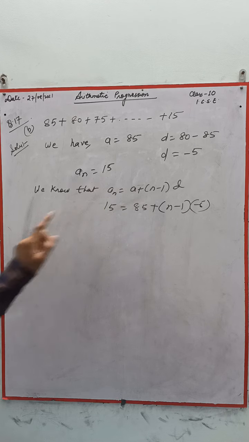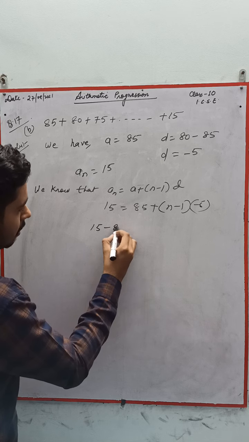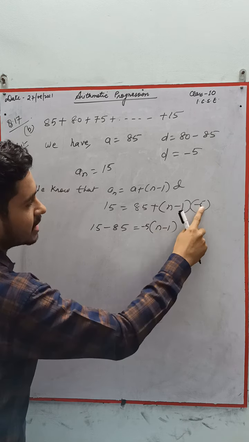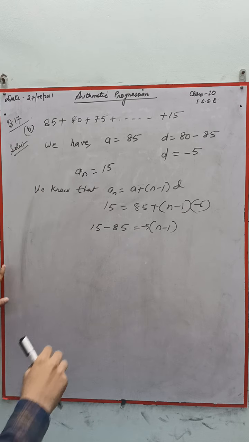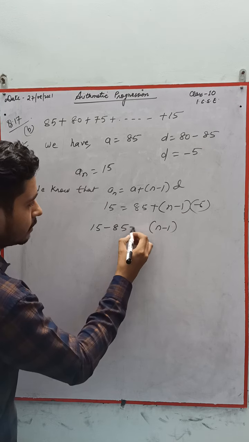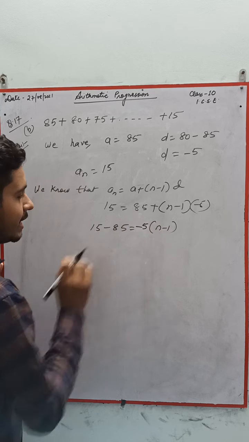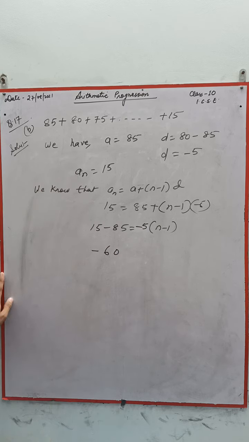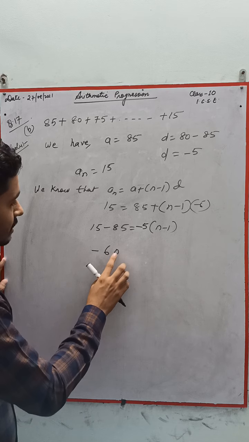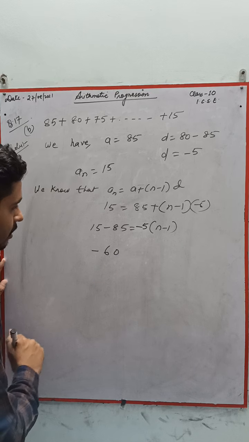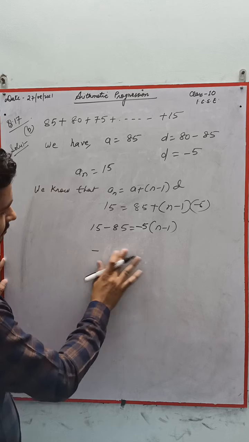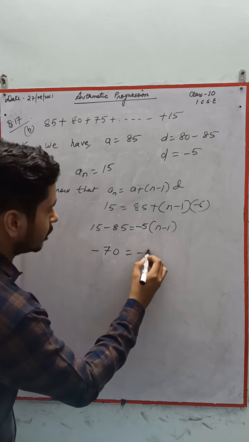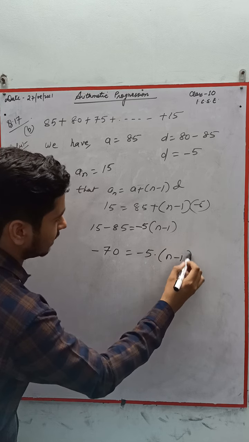Transposing this 85 here, so 15 minus 85 equals minus 5 into n minus 1. 15 minus 85 is minus 70, equal to minus 5 times n minus 1.